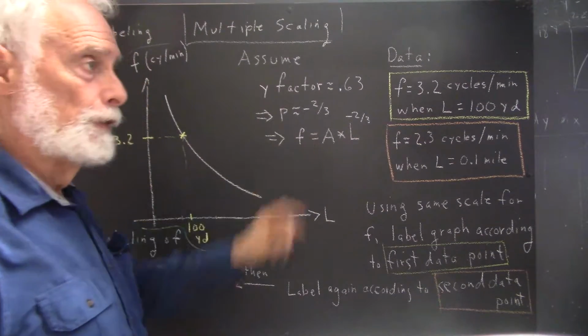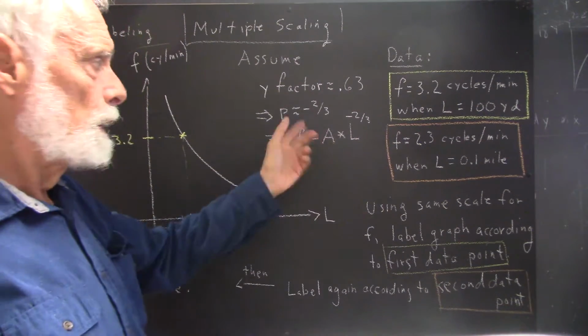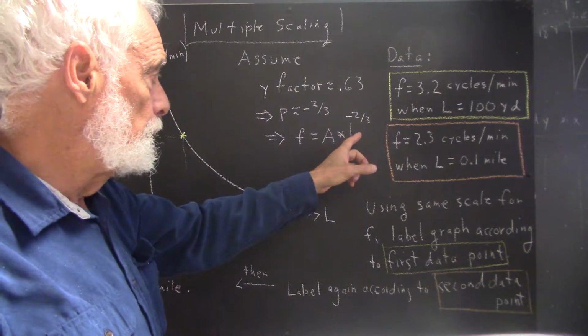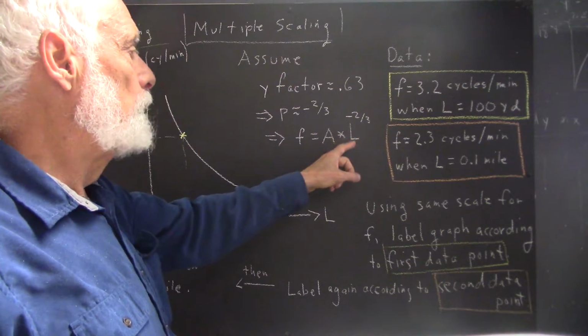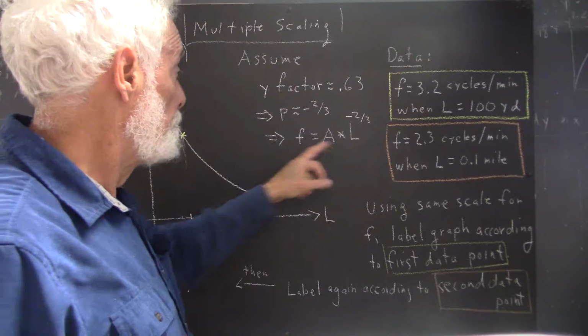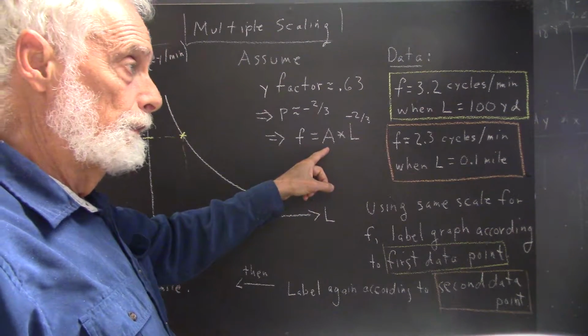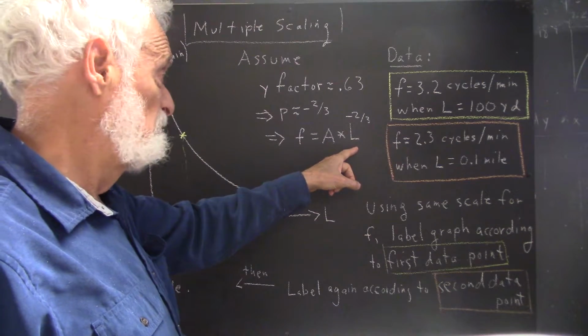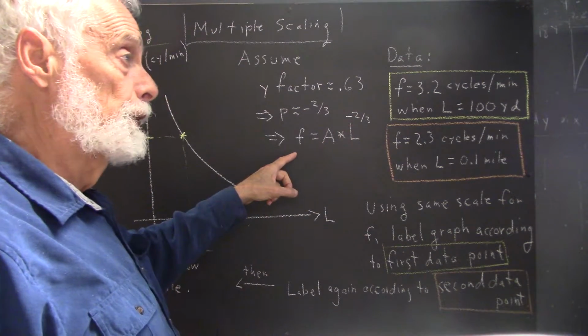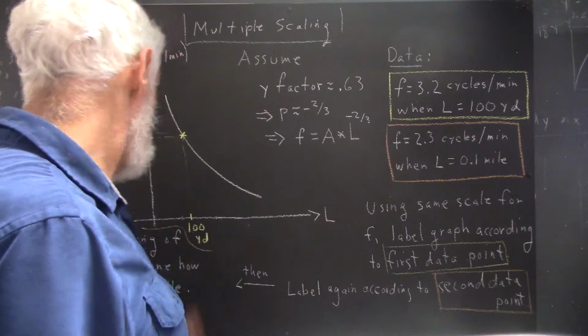Now, the units of A, of course, are going to be determined by the units in which you've observed L and F. If you observe L in meters and F in cycles per minute, you're going to get a different value of A than if you measure L in, say, inches and frequency in cycles per second. Okay, that should be obvious.